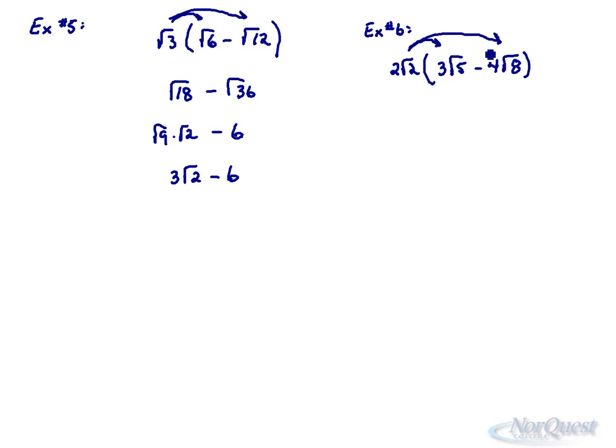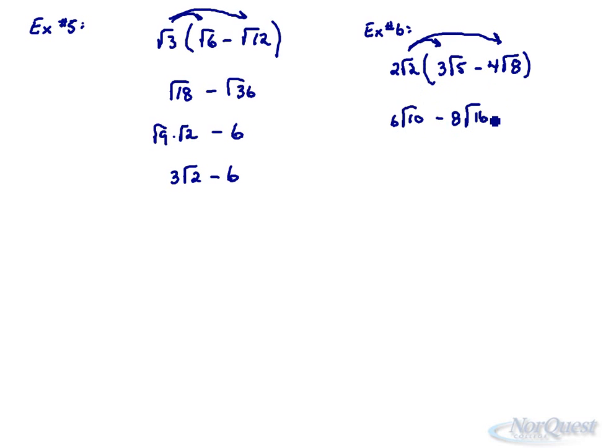and then simplify again. So 2 times 3 will give me 6. Root 2 times root 5 is root 10. So you multiply coefficients, you multiply radicands. 2 times 4 gives me negative 8. Root 2 and root 8 multiplies to root 16.